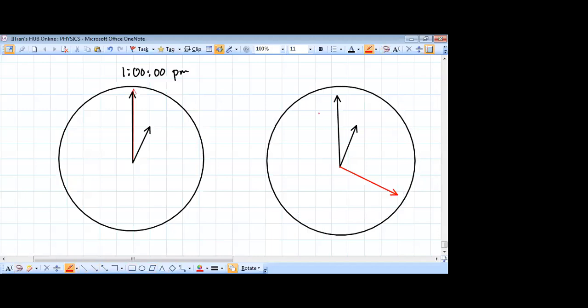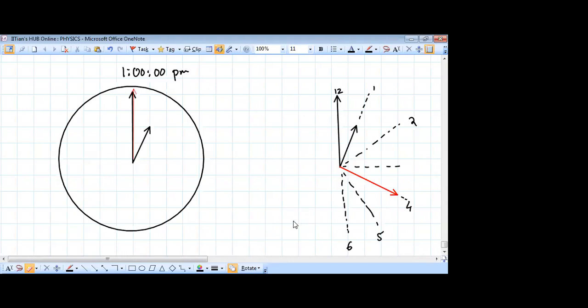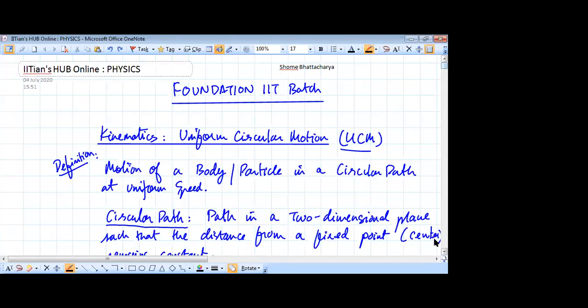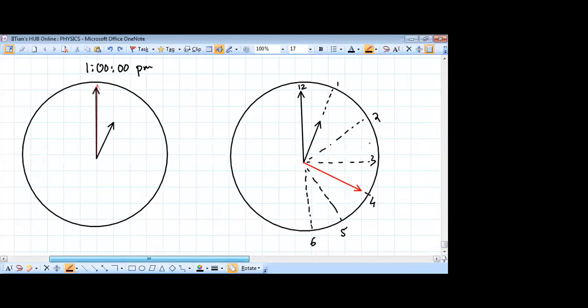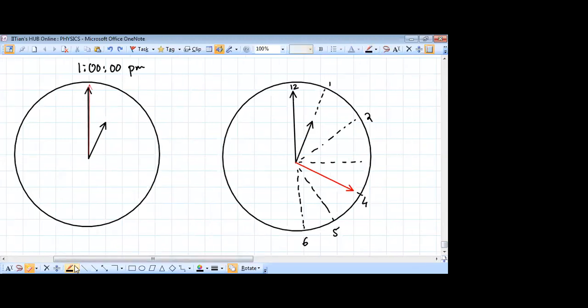So it would have gone to this. Okay, so you can see that the angular displacement for the seconds hand is going to be this. So this is our 1 p.m. and 20 seconds.